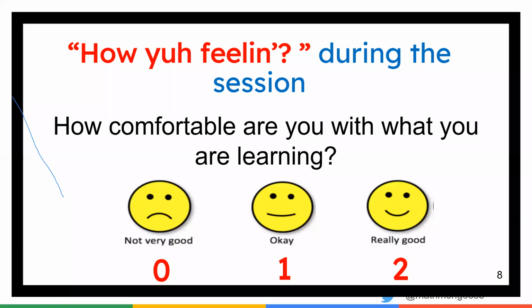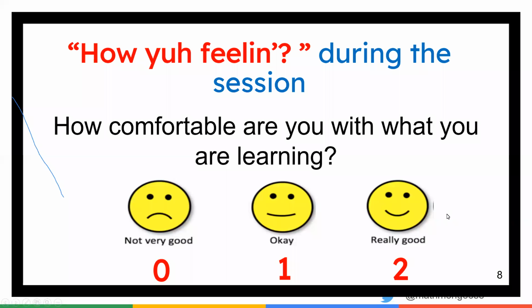If you think you're okay and I can move on, put 1. And if you think, my gosh, I have it, then you put a 2. So whenever I say how you're feeling, you put in your number. Everybody okay with that? All good. You're having 1s and 2s.